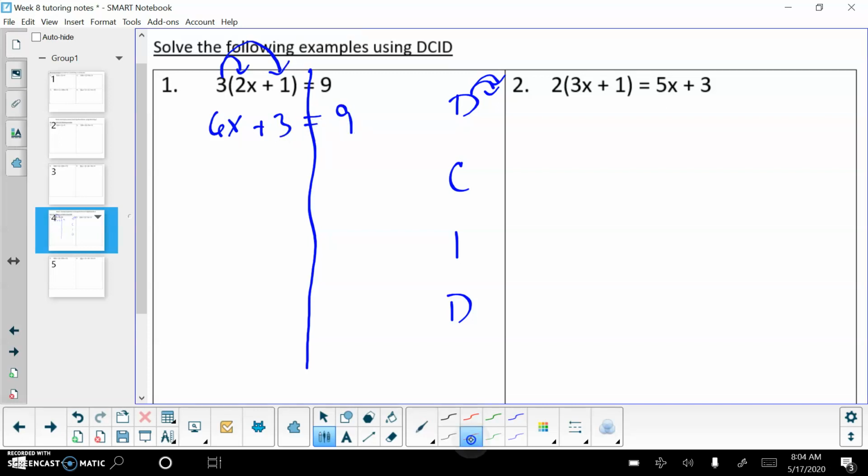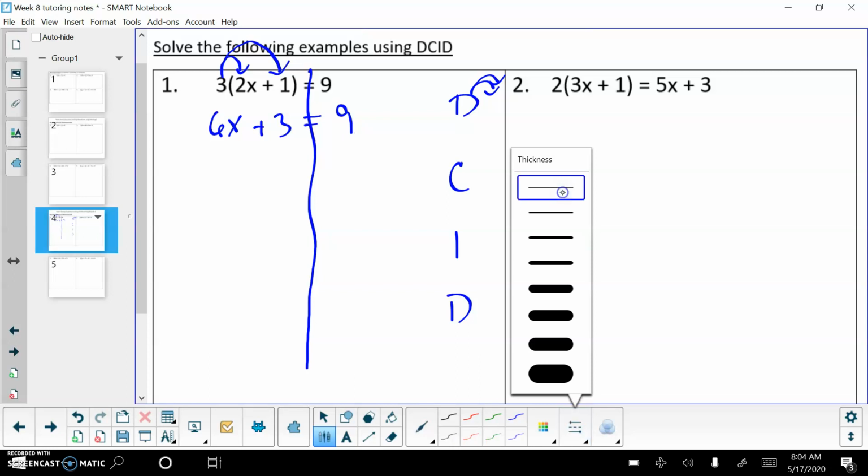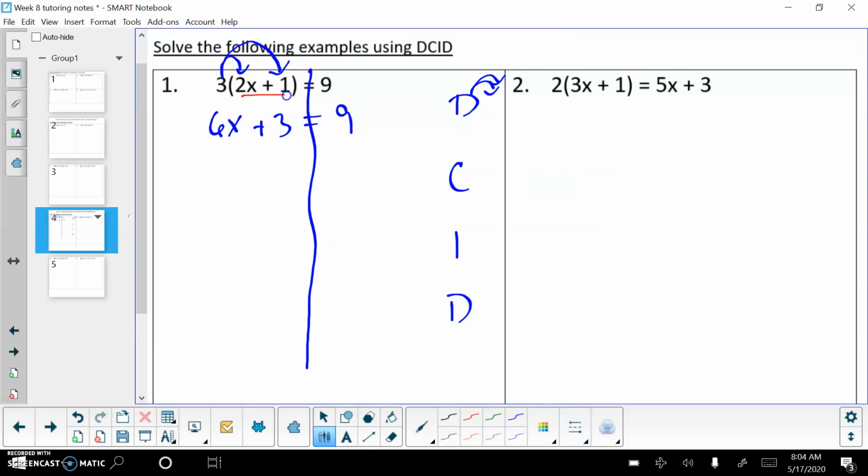Now just to compare this to when we did the sketchings, we sketched what was inside here in red. Okay, so that was 2x's, which would be 2 triangles, and a 1 cube. And the number on the outside told you how many times you had to sketch that, or how many sets. These are the sets.